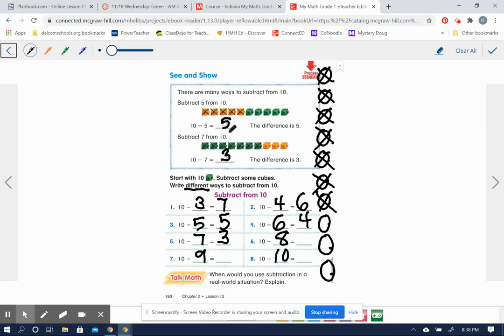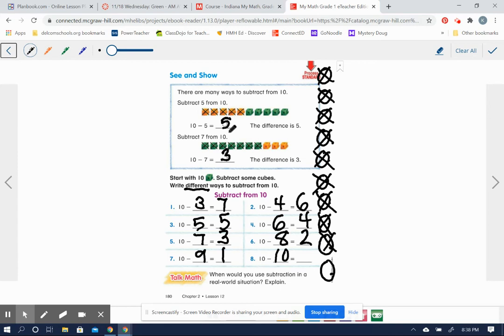10 minus 8. 1, 2, 3, 4, 5, 6, 7, 8. And the difference is 2. And we subtract 9. 1, 2, 3, 4, 5, 6, 7, 8, 9. The difference is 1 left. And so now if we subtract 10, can we?